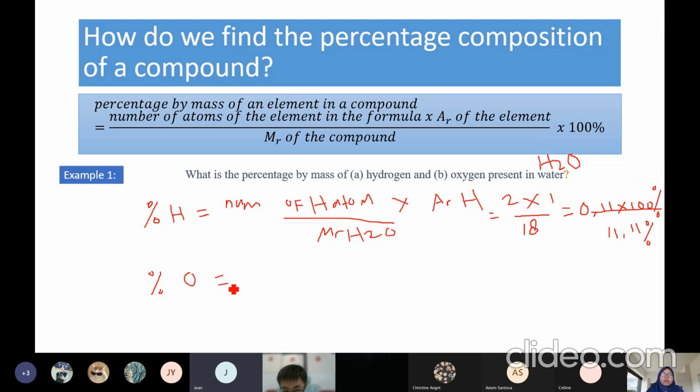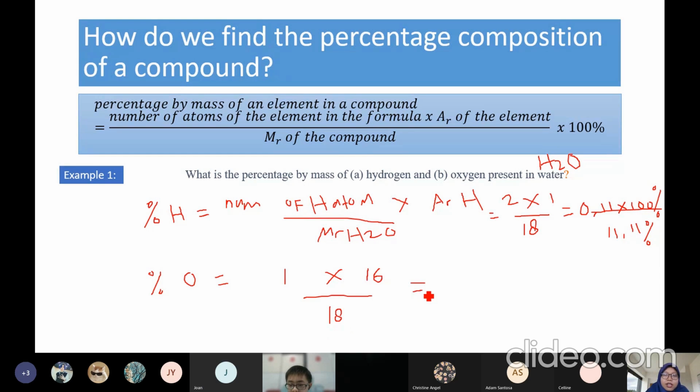Number of oxygen atoms: just 1 oxygen atom. So times AR of oxygen, 16, over MR of H2O, same, 18.